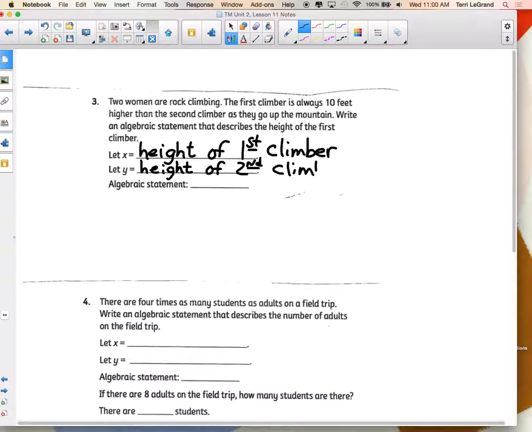We don't know how high up the first climber is. We don't know how high up the second climber is. But what we do know is that the first climber is always 10 feet higher than the second climber. Write an equation for that.